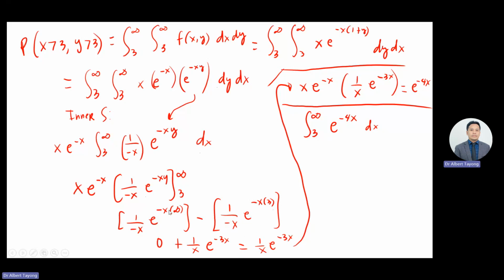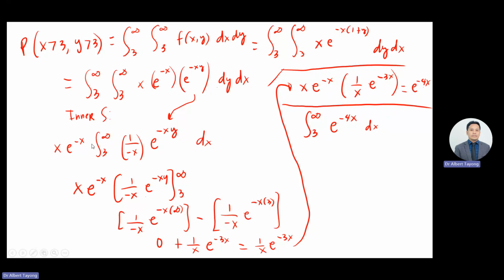So this is 0, and this is minus negative, it becomes plus. So 1 over x, e raised to the power of negative 3x. That's negative x times 3. So we cancel the 0. This is the remaining, and we multiply by the outside: x times e raised to the power of negative x times these. x is canceled, and this becomes e raised to the power of negative 4x.